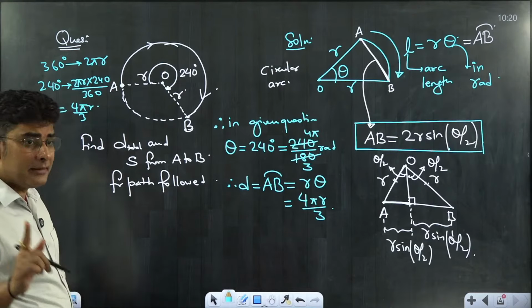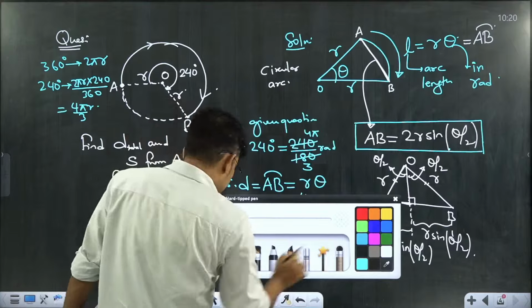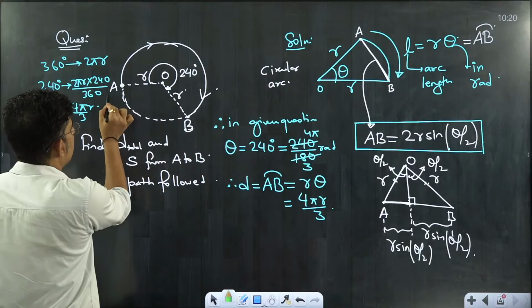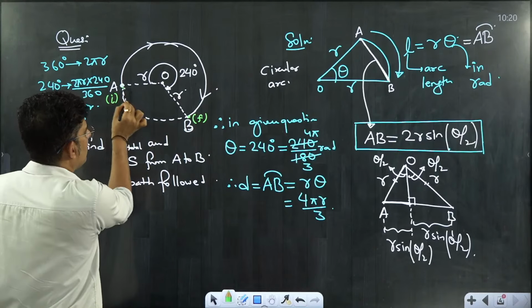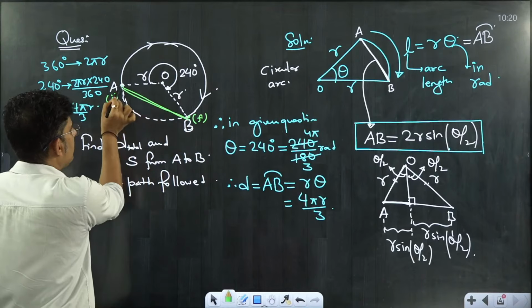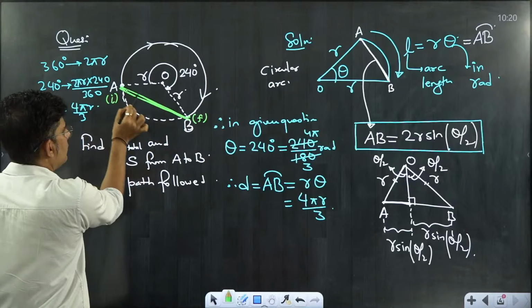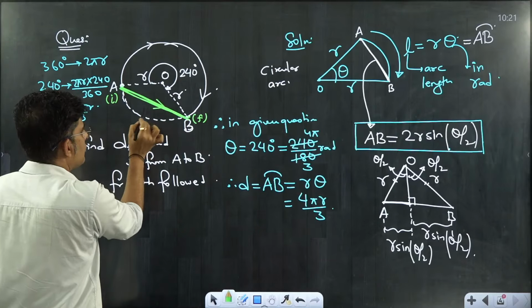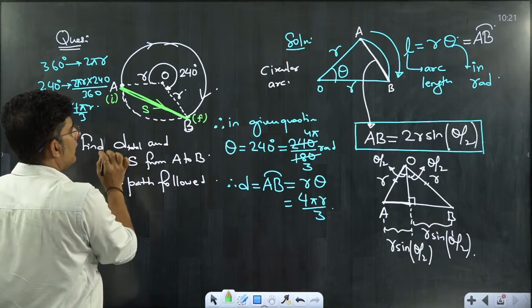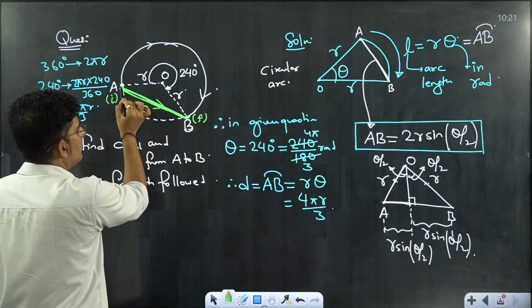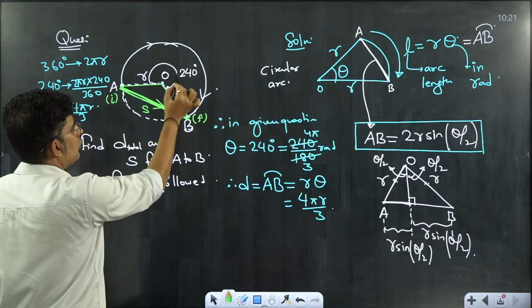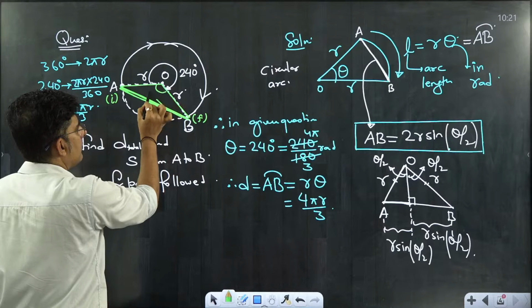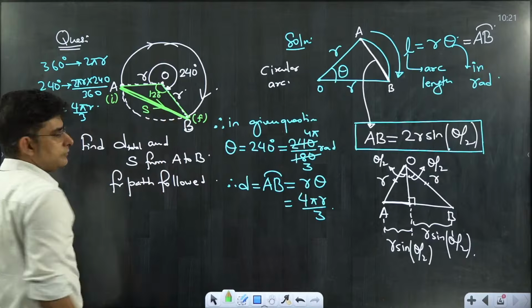But as far as displacement is concerned, this was your initial position and this is your final position. You have to just join these. This line will give you the displacement. Understood? I am showing it. This is the displacement. So for this, I need to focus on this. Now if this is 240 degree, that means this angle will become 120 degree.